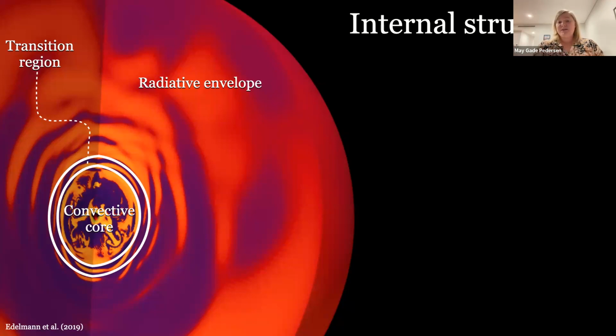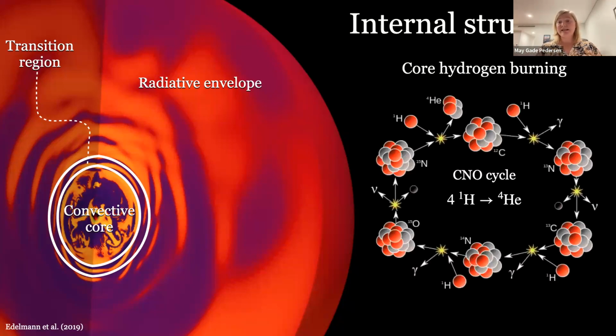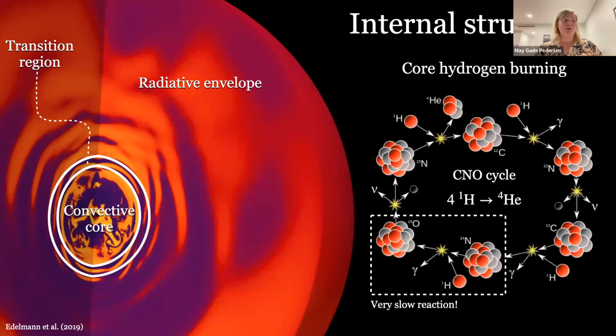During the main sequence evolution of these stars, the core hydrogen burning is happening dominantly through the CNO cycle, where we have isotopes of carbon, nitrogen, and oxygen that act as catalysts during the nuclear burning. Now, out of all these reactions, the one that is the slowest is where we are converting nitrogen into oxygen.